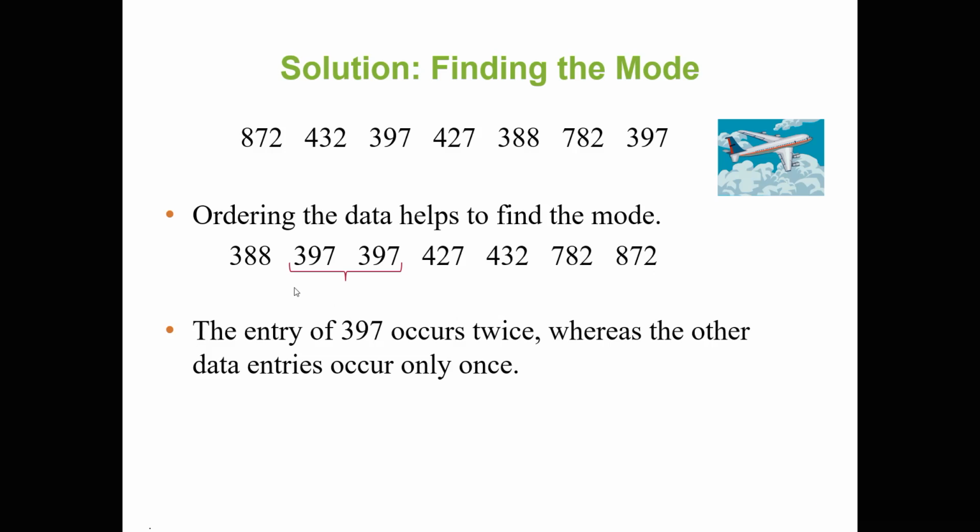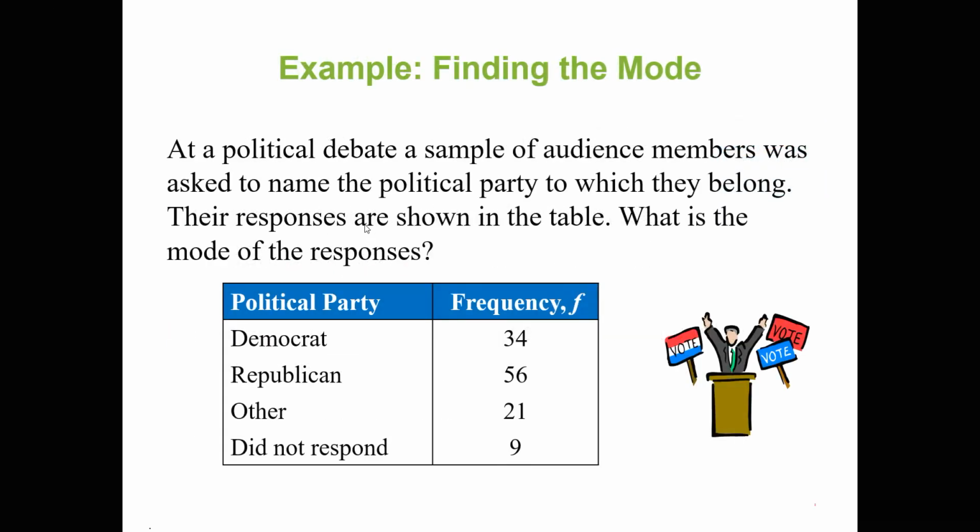And once you do that, you will see that this occurs twice. Meanwhile, all the other ones occur once, which simply means the mode is this particular data score. Why? Because it occurs the most frequently. This is your most frequent score, or your most popular.